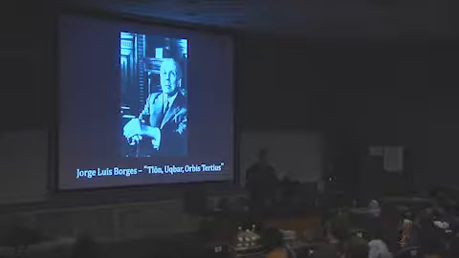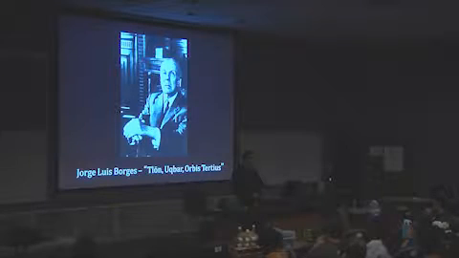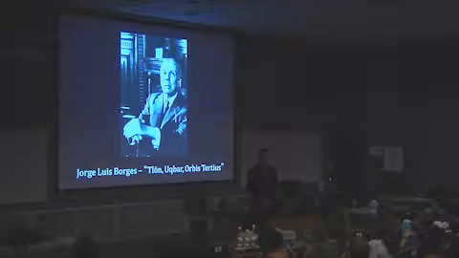And they were called Orbis Tertius, Orbis, a circle, Tertius at the third level in underground society. I just love that story and the idea that this world will be presented in the form of an encyclopedia.